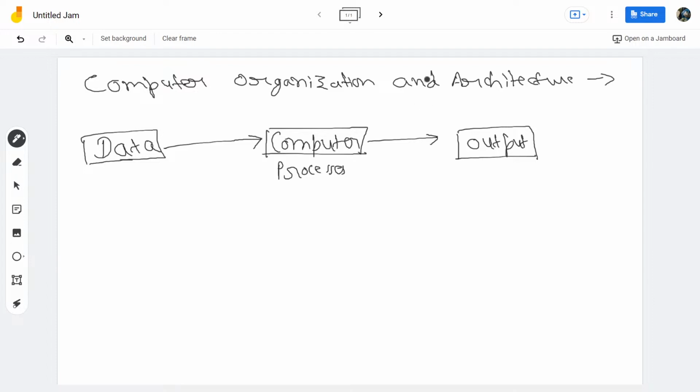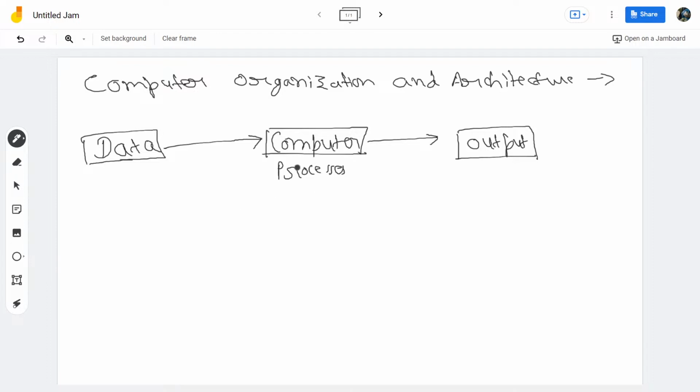Before going into the aspects of the architecture of the computer, we are going to see what a computer basically understands. We human beings understand languages like English, French, German, or any other language. But the computer, on the other hand, cannot interpret those languages spoken by human beings.